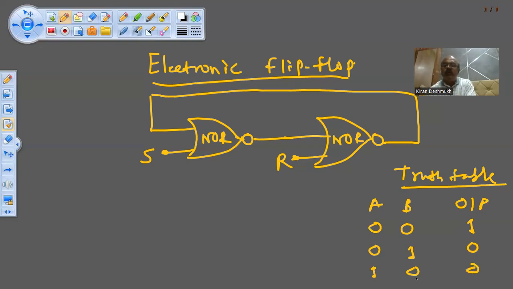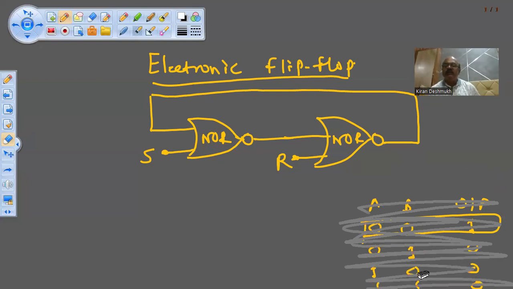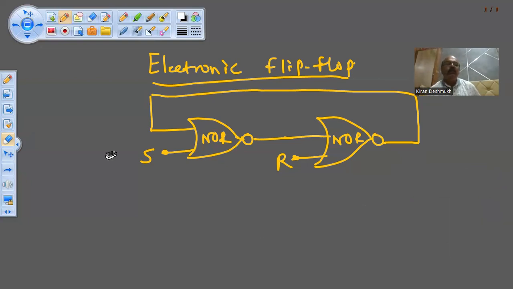When both the inputs are 1, the output is 0. So the output is 1 only when both the inputs are 0. This is important, so you have to remember it. We already discussed all these gates in the last semester syllabus, so I don't repeat that. I've just given you the hint.